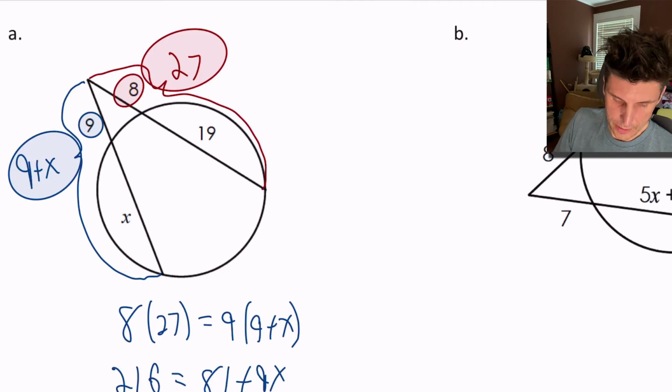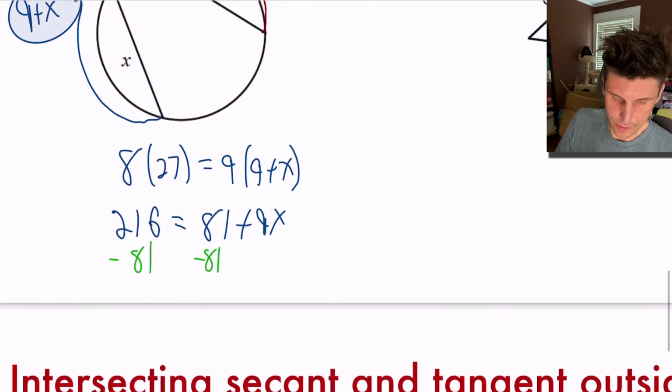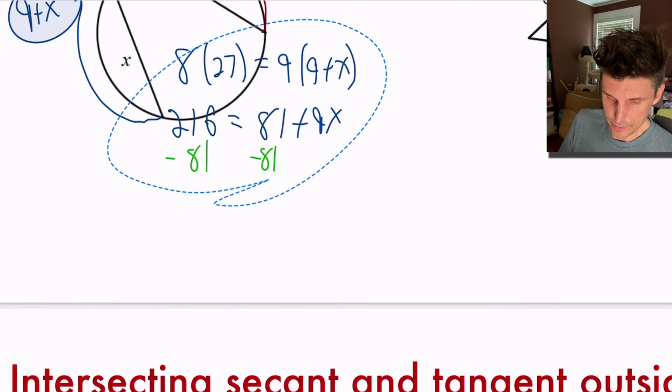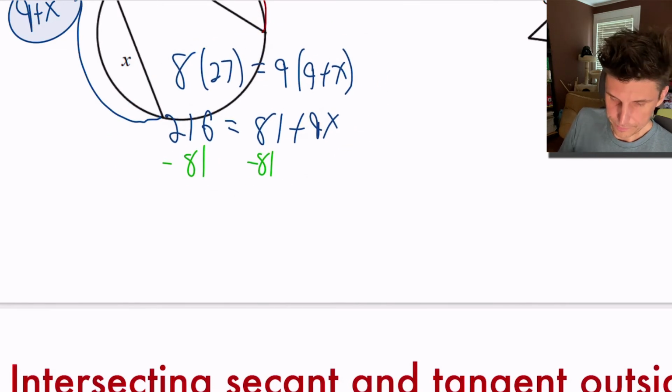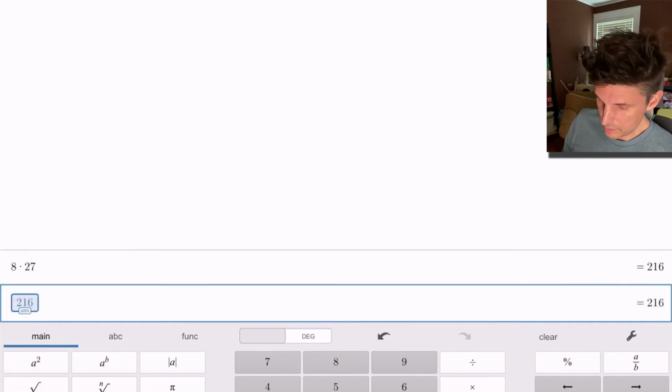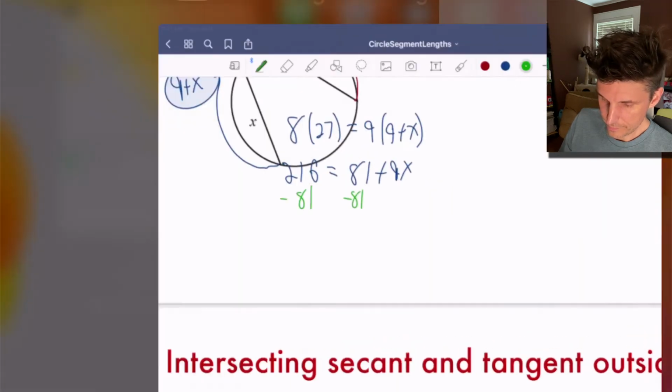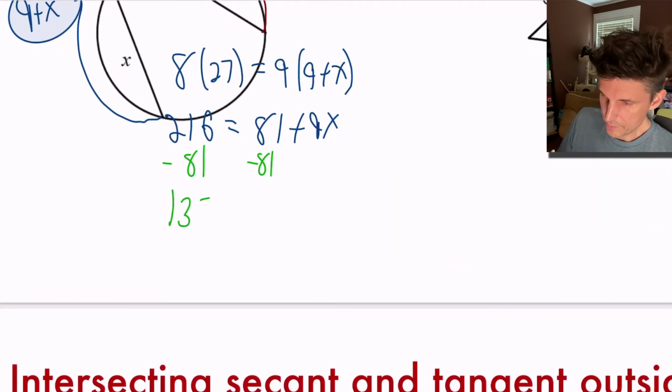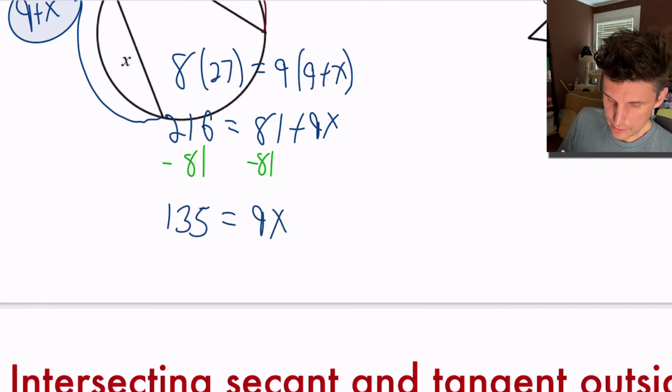Subtract 81 from both sides. I'm off the canvas, sorry. So we subtract 81 from both sides, and let me slide this up a little bit. 216 minus 81 is 135, equals 9x.